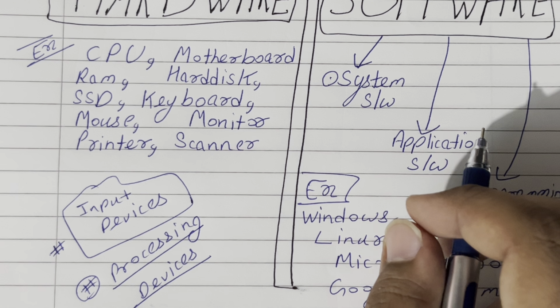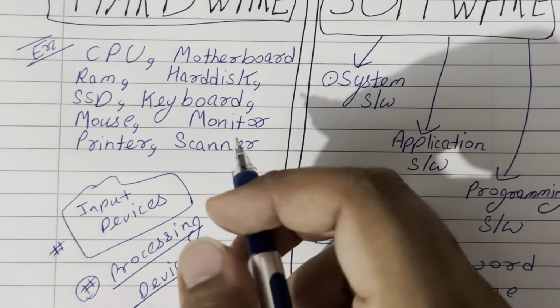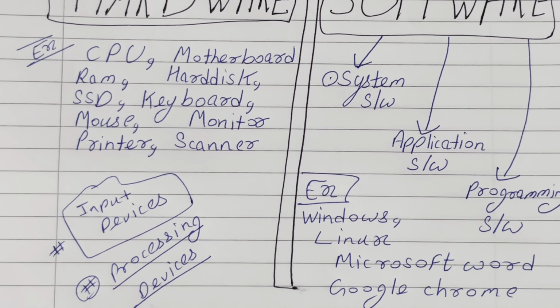You should know some main parts of the CPU. The ALU, arithmetic logic unit, performs arithmetic calculations and logical operations. I already explained all of them; I'm just revising the contents you should know. The control unit, CU, controls and coordinates the activities of different parts of the computer.